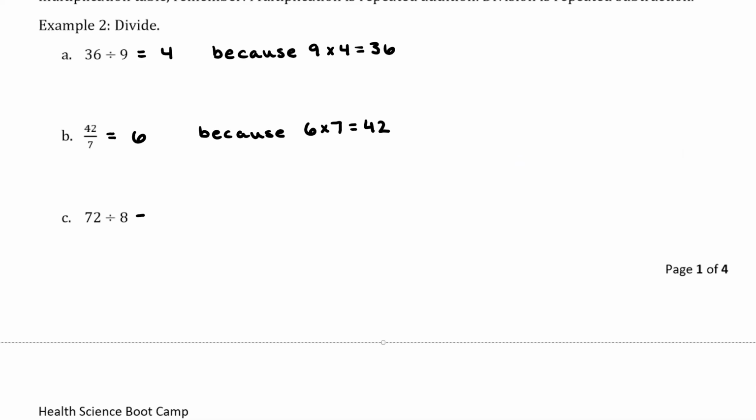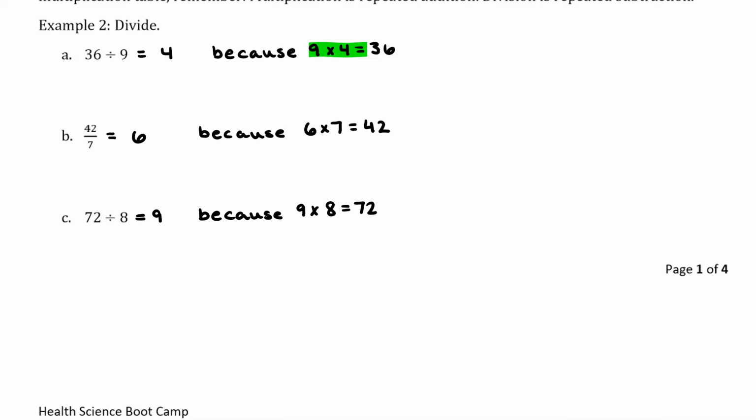So that's going to equal 9 because 9 times 8 is equal to 72. And again, all three of these facts are from your multiplication table.